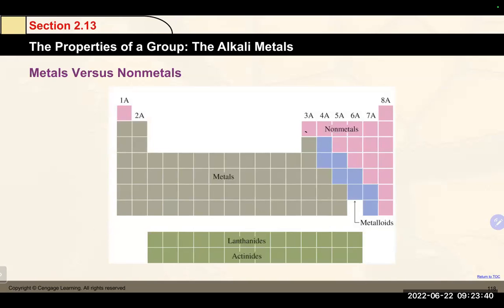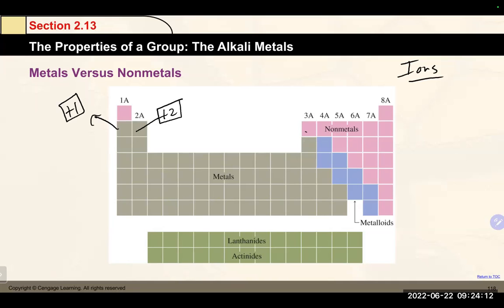I did want to take a second here to talk about, since we've been talking about things with charges and ions, certain things on the periodic table which have fixed charges, and that's a good thing to know as we go into the next chapter, which is bonding. Everybody in group 1 will be a +1 charge, so they have a fixed charge, starting with lithium, sodium, potassium. Everybody in group 2 will have a +2 charge.